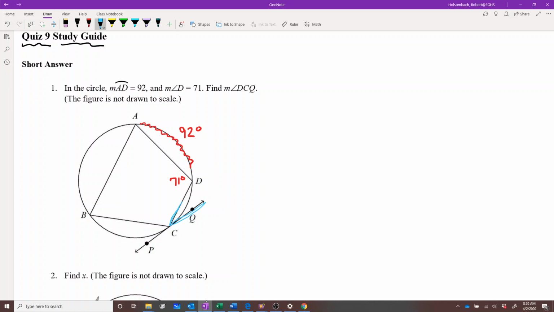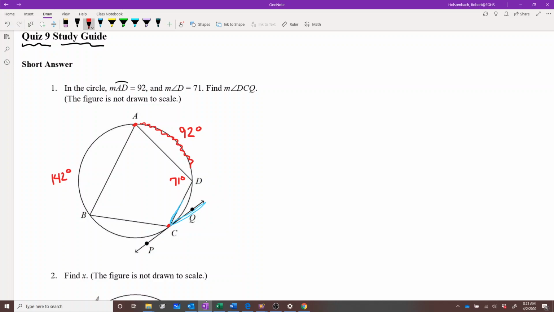And the measure of this small angle down in here is going to be half of arc DC, half of its intercepted arc. So the reason that they gave you this 71 was to tell you that the 71 is an inscribed angle, and an inscribed angle is 1/2 the measure of its intercepted arc. So that makes arc A all the way around to C 142 degrees.